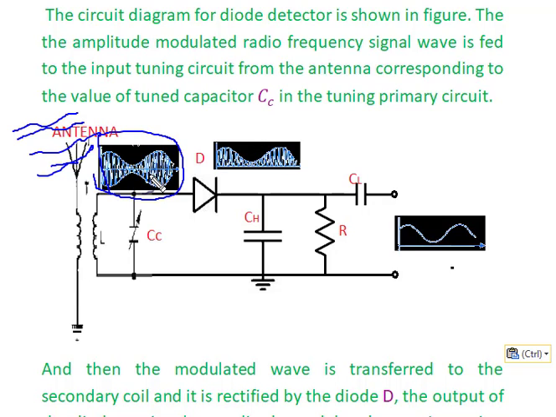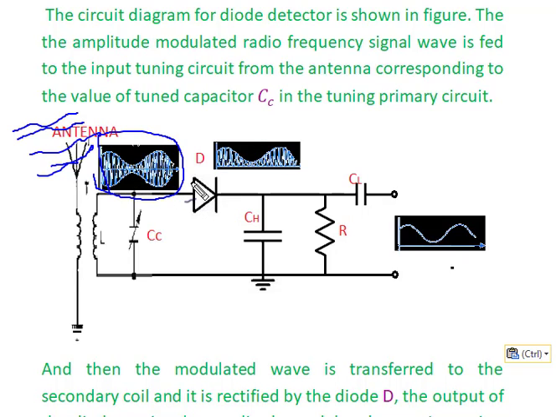This amplitude modulated wave consists of a high frequency carrier wave, a DC level, the upper side band and the lower side band. So this amplitude modulated wave now passes through the diode.